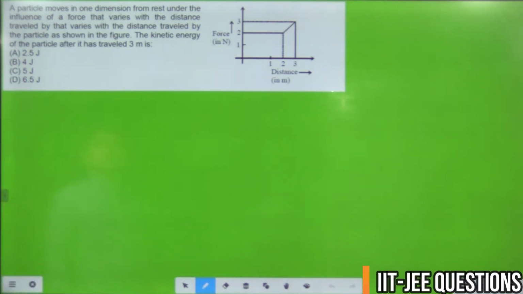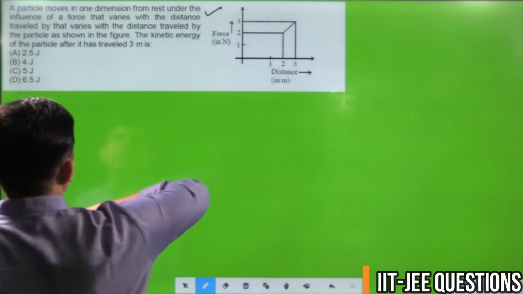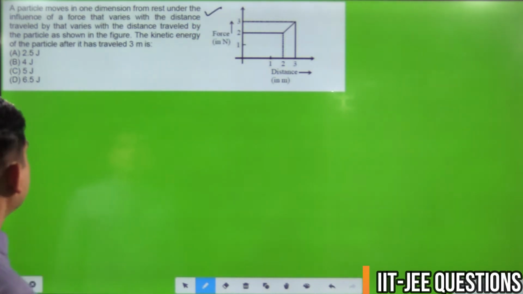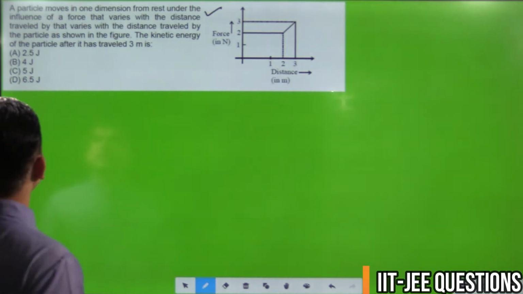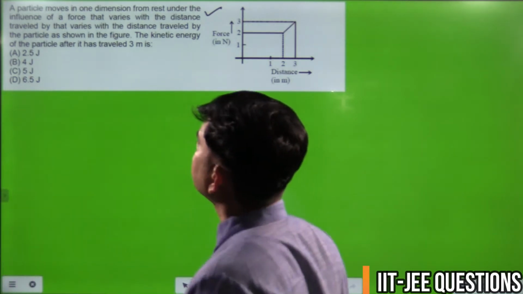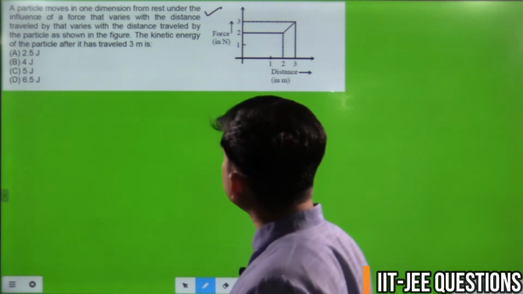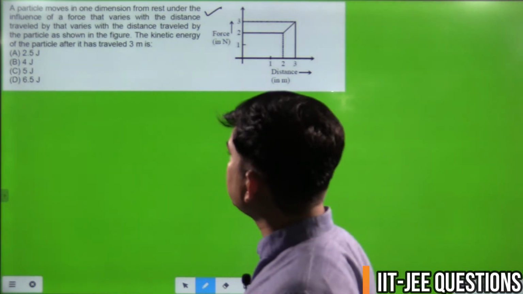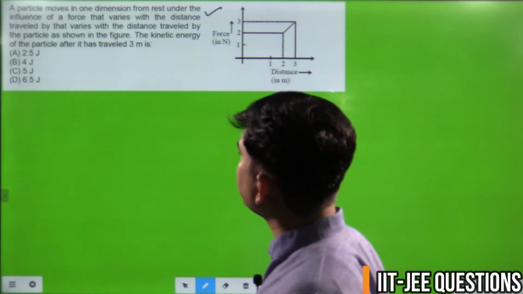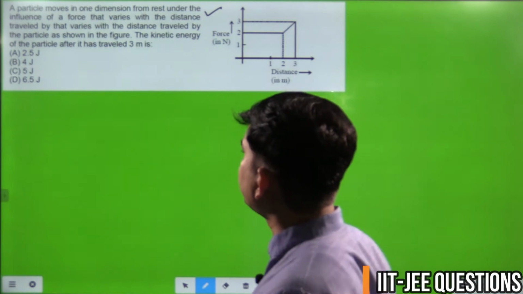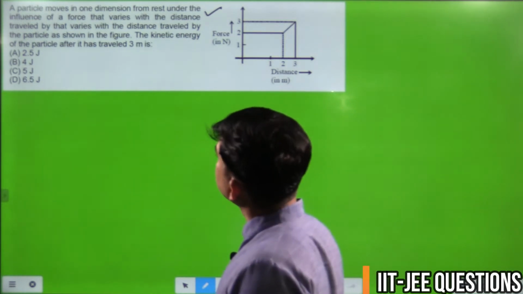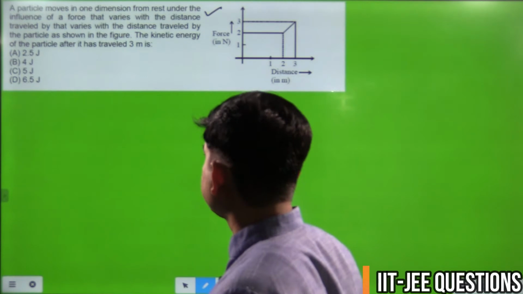second question. A particle moves in one dimension from rest under the influence of force that varies with the distance traveled by the particle as shown in the figure. The kinetic energy of particle after it has traveled 3 meter is.